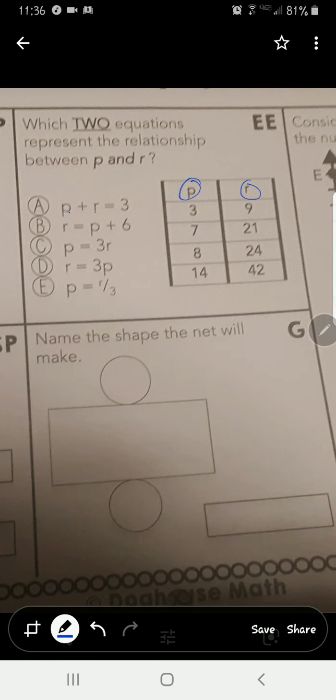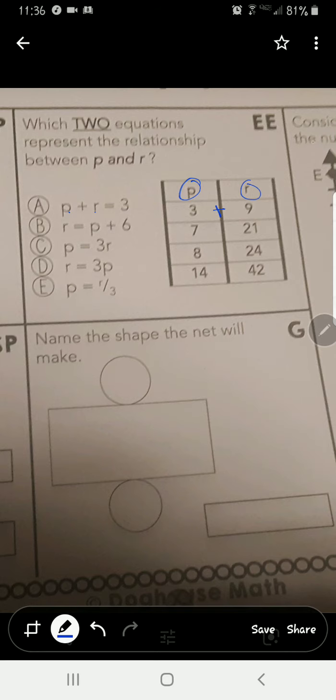P plus R equals 3. Well, I wouldn't say that because already that's going to differ throughout each of them. And 9 plus 3 is not 3. So A is out of the running in my opinion.